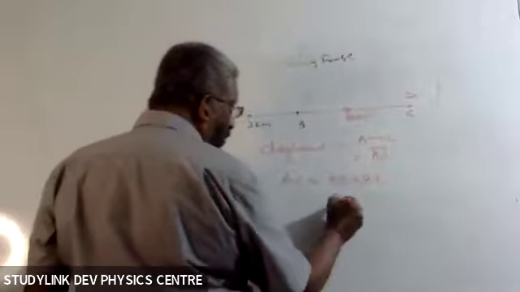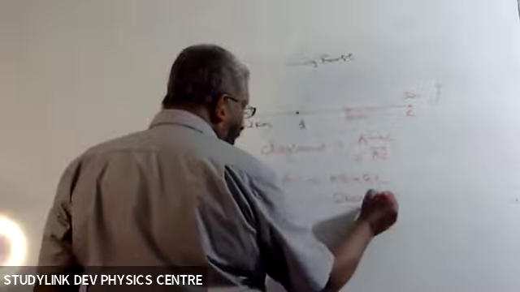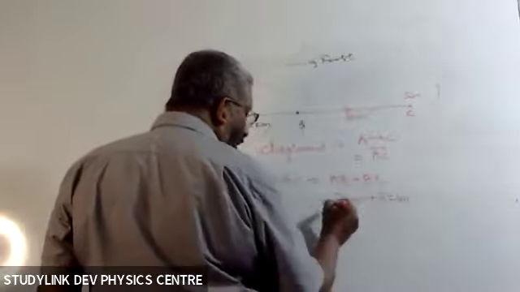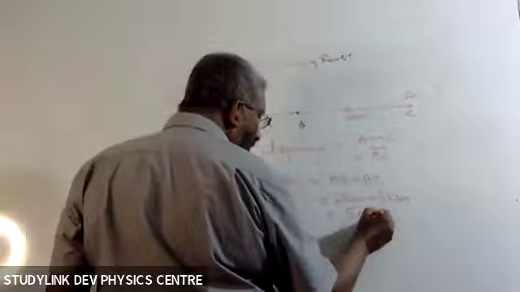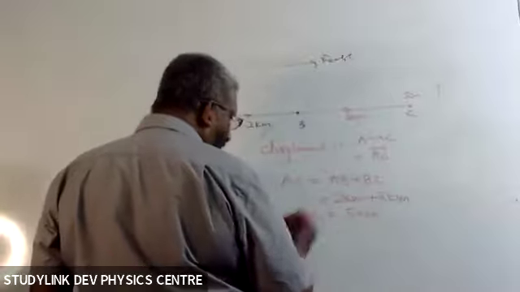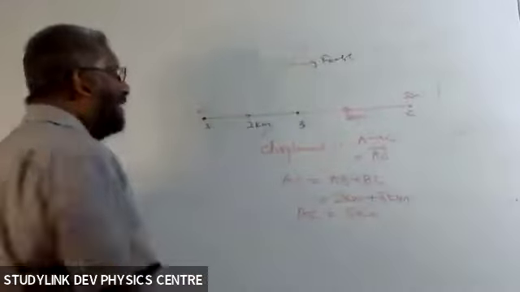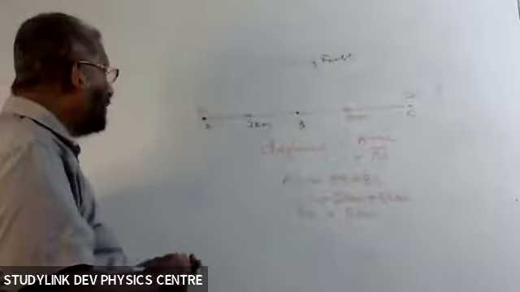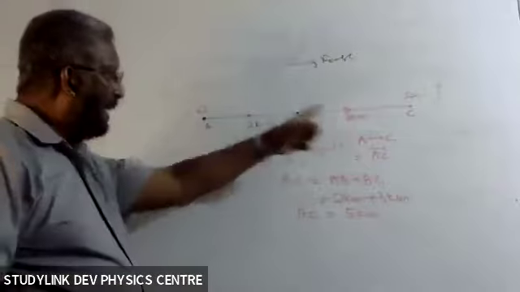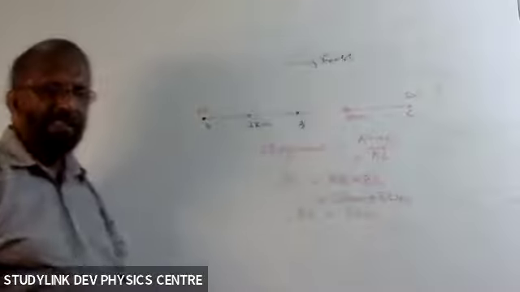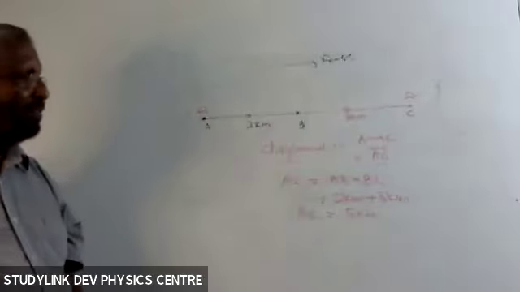So AB is 2 kilometers plus 3 kilometers, altogether 5 kilometers. That is AC. Then you have to tell the direction: displacement of the car is 5 kilometers to the east. Very simple, note it down.